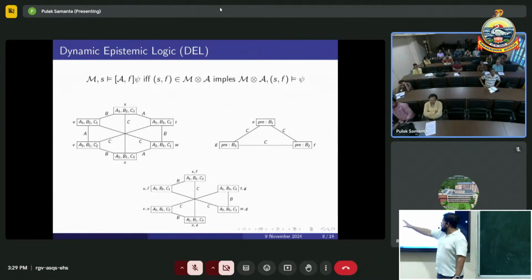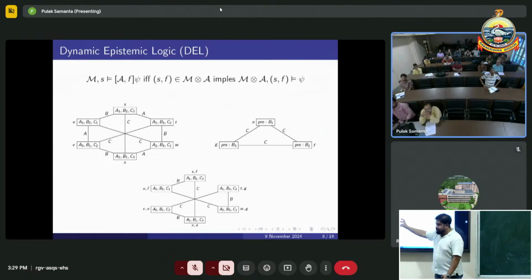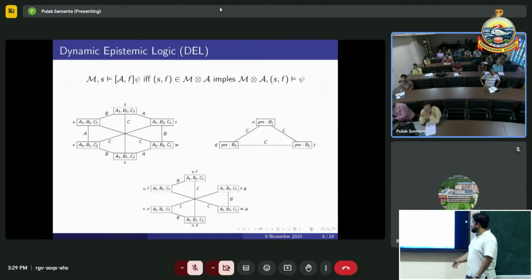So for example, say this is the card scenario, and this is an action model. This action model tells that A has privately told B its own card. Okay? And when you update it, there is some formal updating mechanism. This is the resultant model.